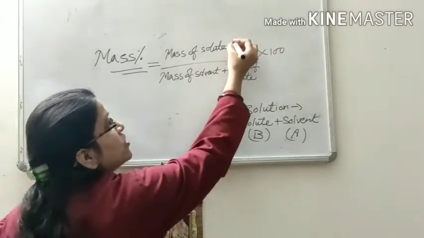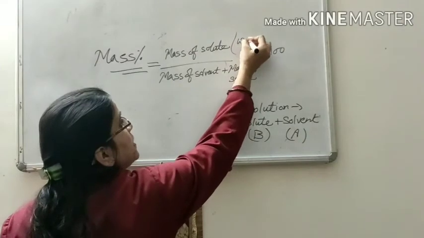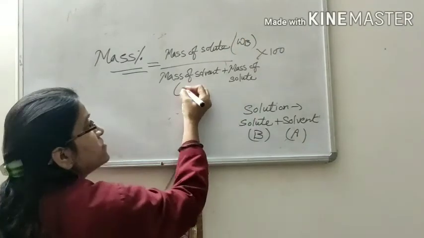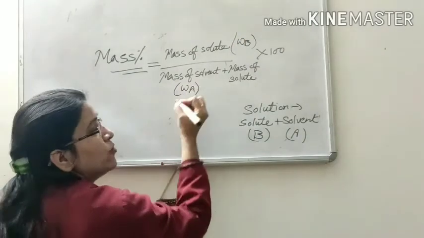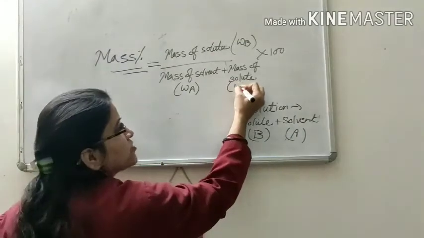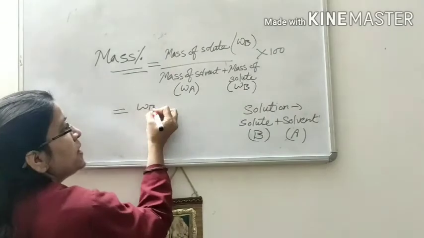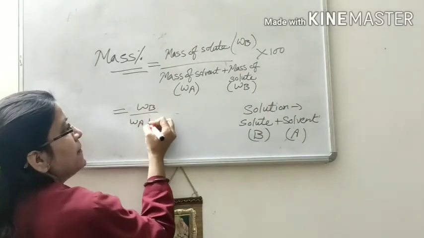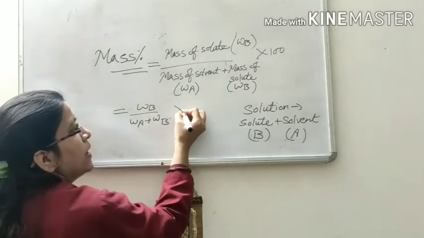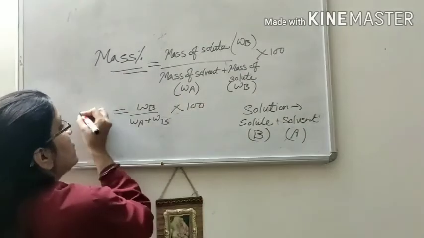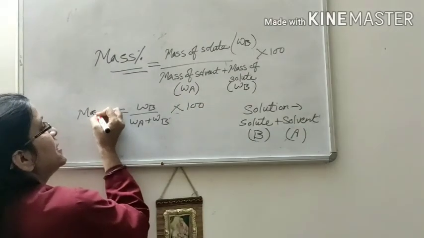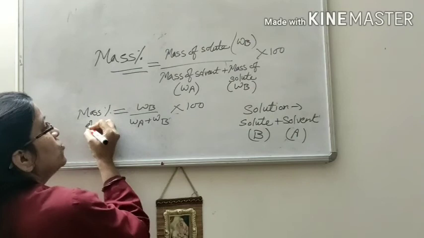Now mass of solute is denoted by Wb. Mass of solvent is denoted by Wa. So what is the formula? Wb upon Wa plus Wb into 100. This is the formula of mass percentage of solute.